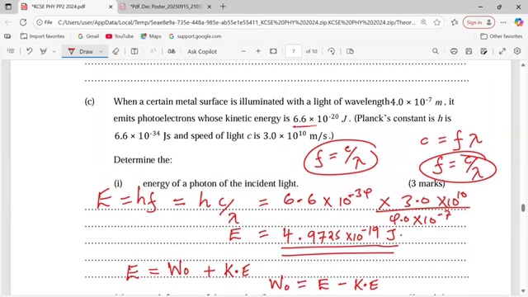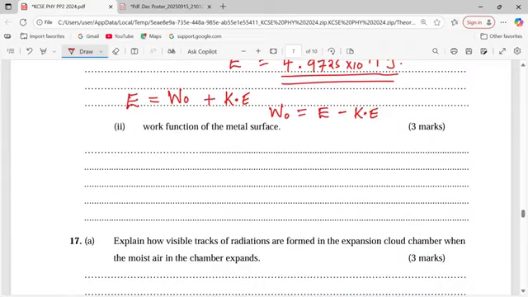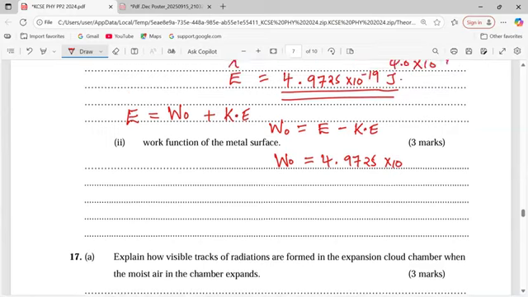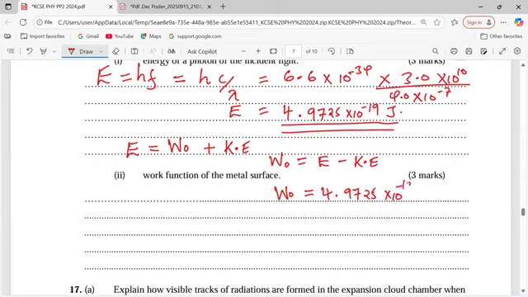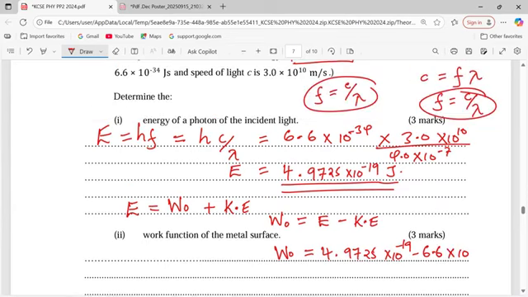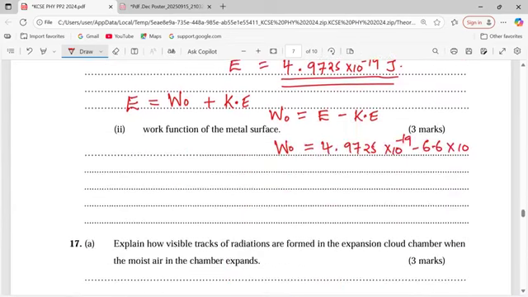You can see kinetic energy is given here, right? Therefore, for us to get work function, we need the total energy, 4.9725 times 10 to the power of negative 19, minus 6.6 times 10 to the power of negative 20. This is all energy, in joules.